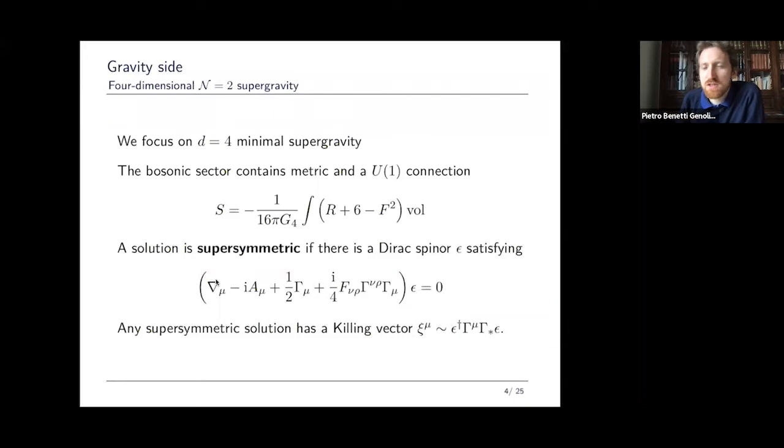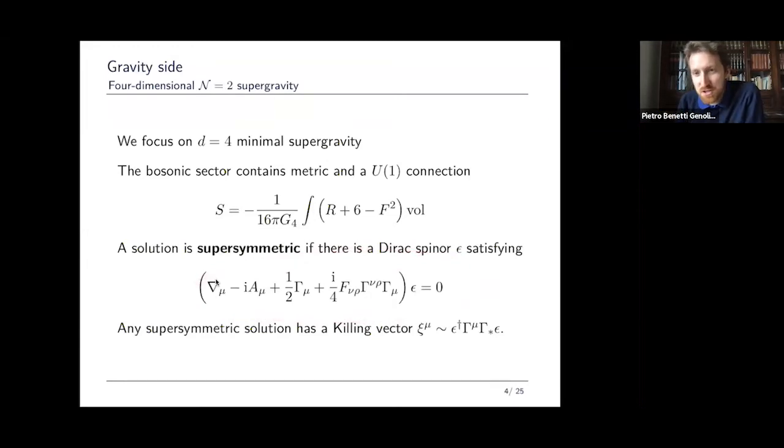And we will only consider supersymmetric solutions to this supergravity. So these are spacetimes with a metric and a U(1) gauge bundle that satisfy the equations of motion coming from this. So the Maxwell equation and the Einstein equation coming from this. And in addition, they also have a spin bundle with a section epsilon that satisfies this equation.